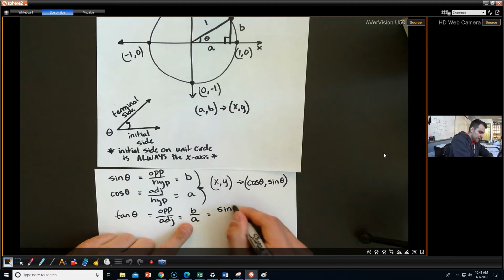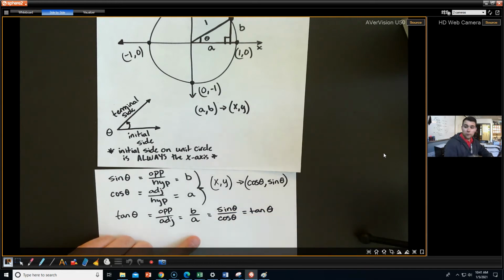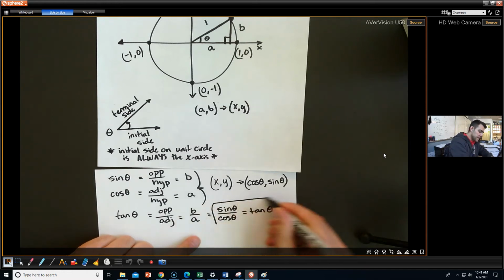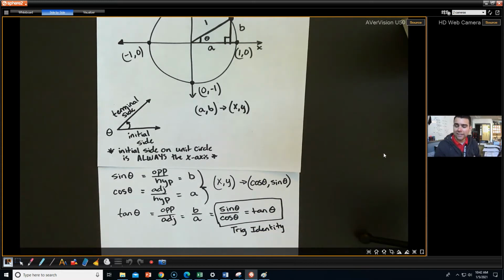So this is sine theta over cosine theta, and that equals tangent theta. What I'm going to do is I'm actually going to box that, because this is a trig identity. Okay, it's like an axiom. It's a fact. It's kind of like Pythagorean's theorem: a squared plus b squared equals c squared. Sine theta over cosine theta equals tangent theta.